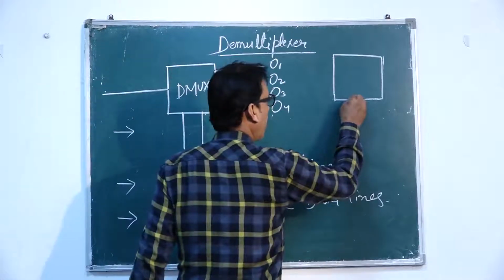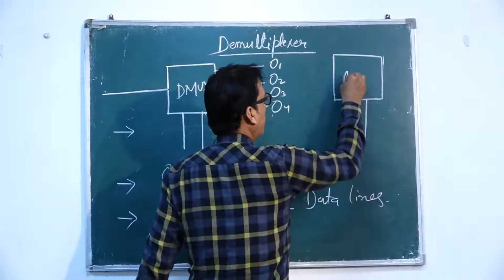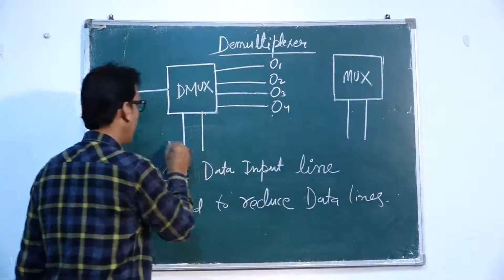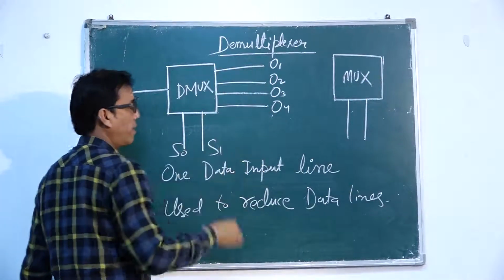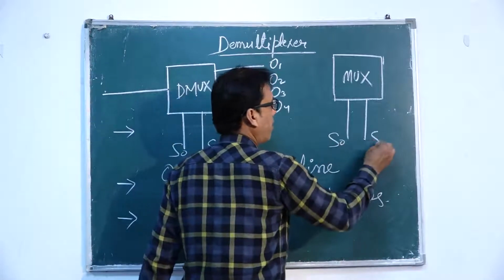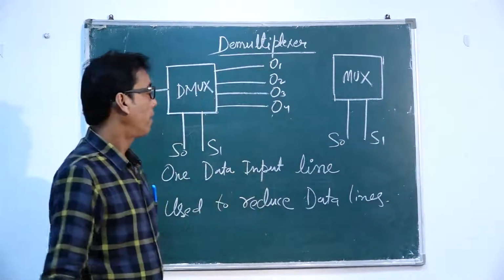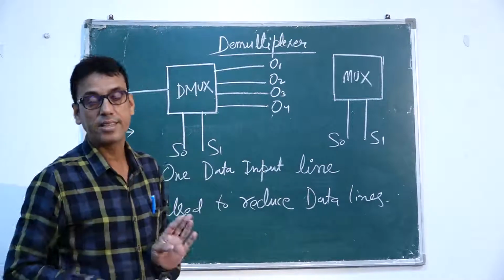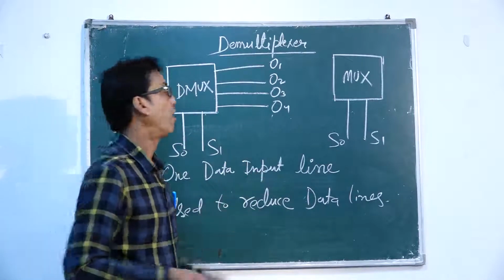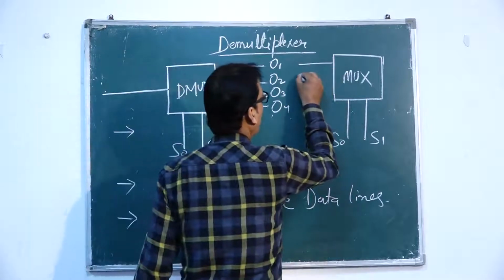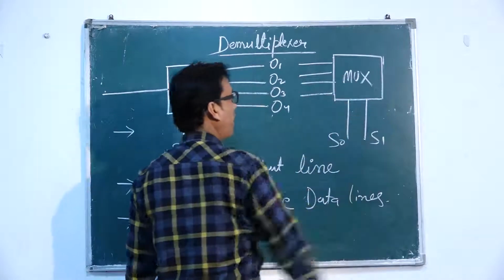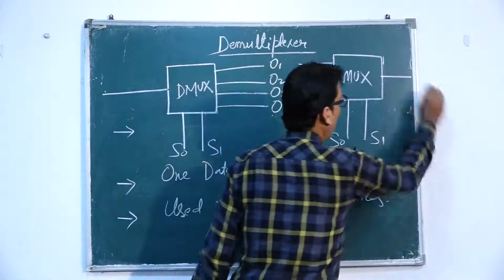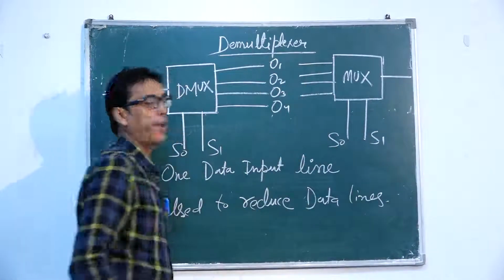It means if this is mux, it has selector line 0, selector line 1. So if it has 2 selector lines, then 2 to the power 2 device input lines. It means 1, 2, 3, 4, like this. And it has only 1 output line. This is our output line.